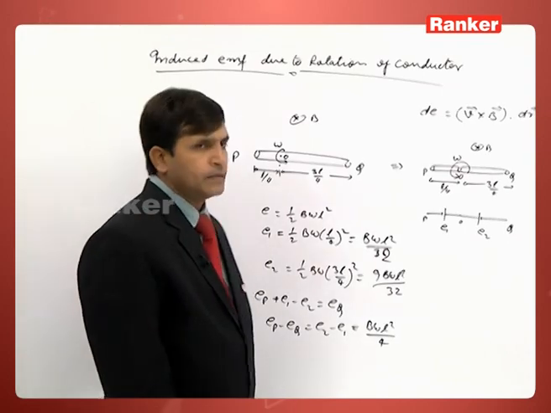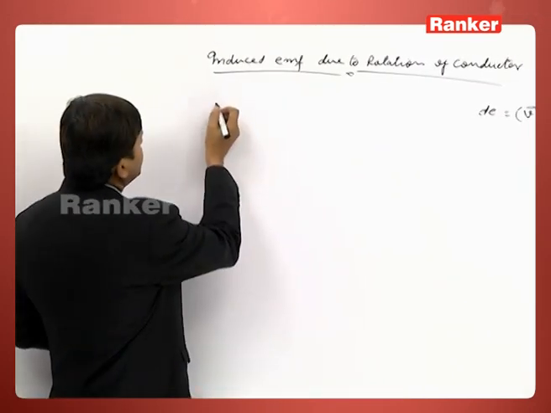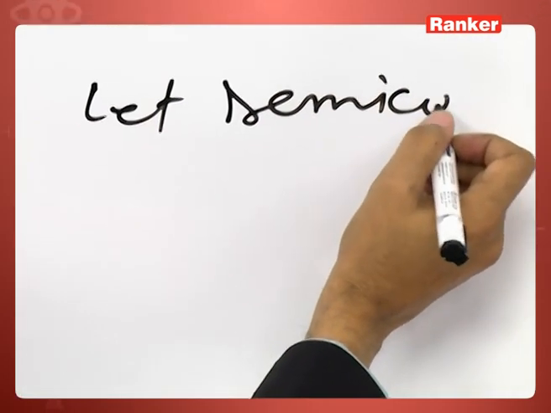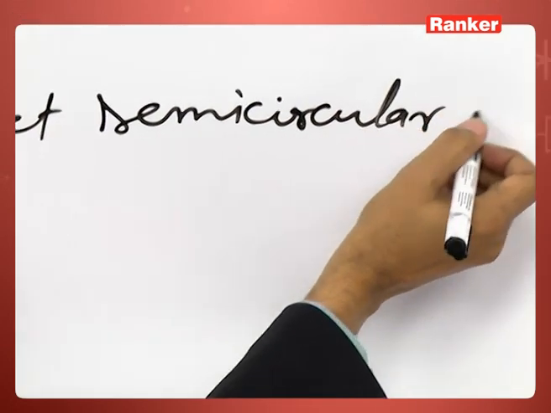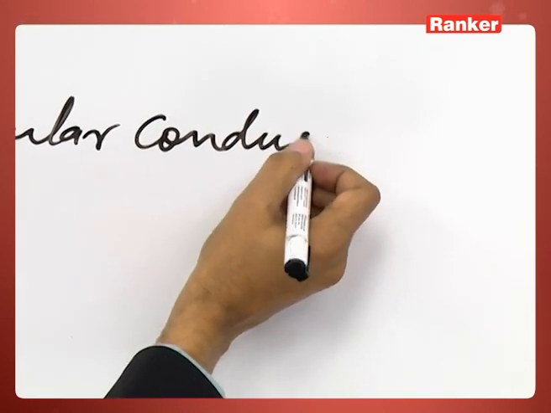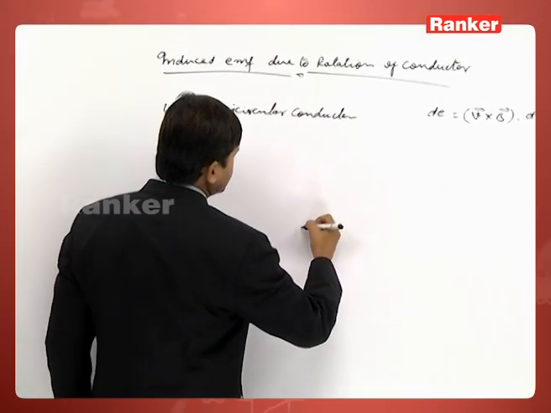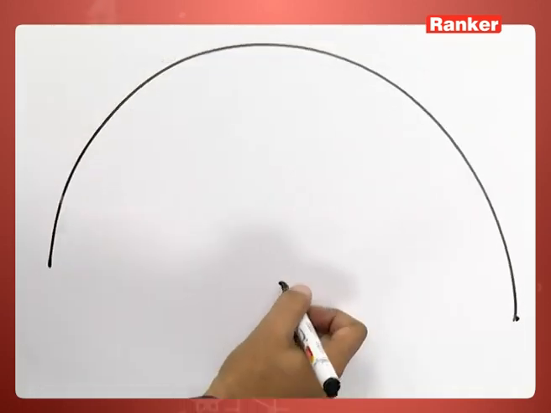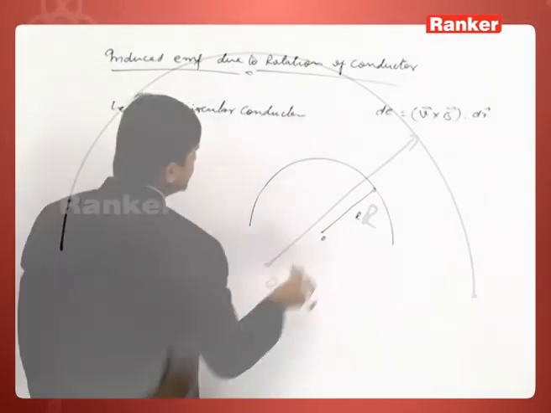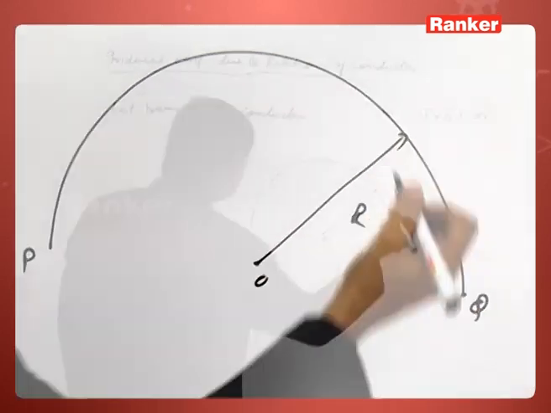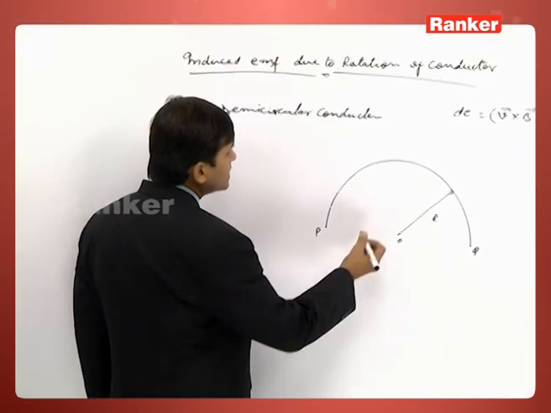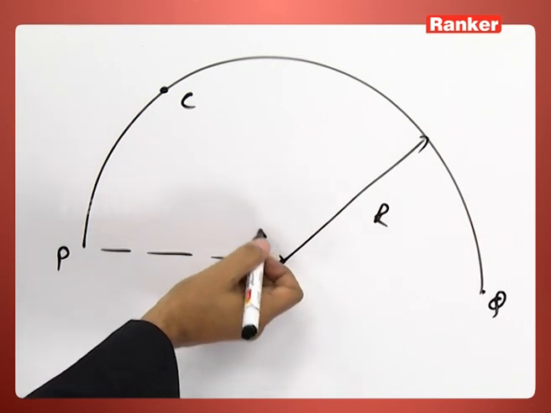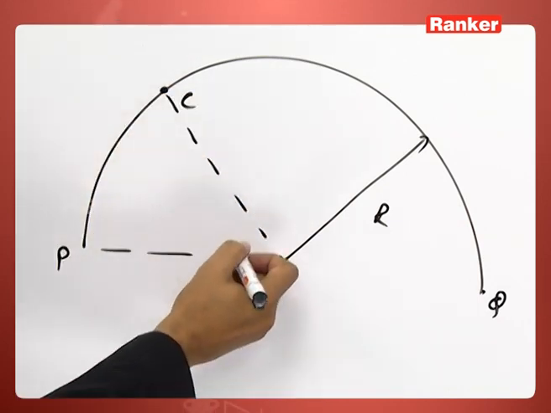Let's see another example. Now if we are having a semicircular conductor like this, and this conductor has radius R, O is the center, PQ is the total conductor length, and now it is given a point C, somewhere here, point C, and the arc PC is making an angle theta.